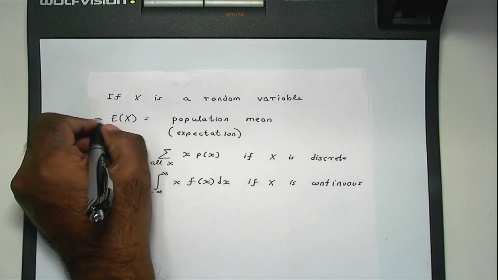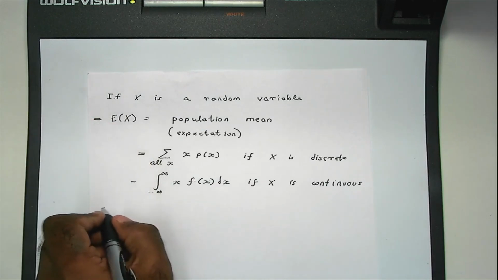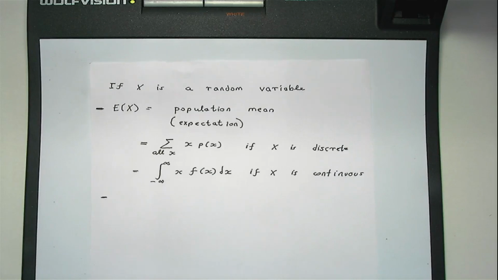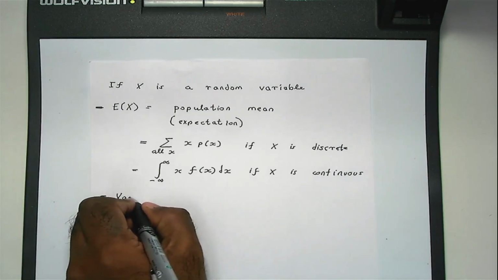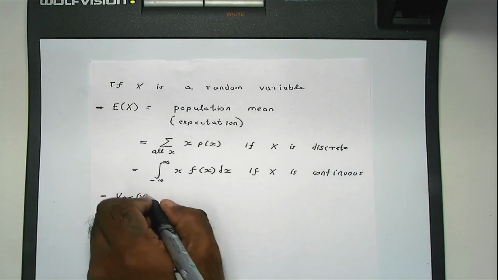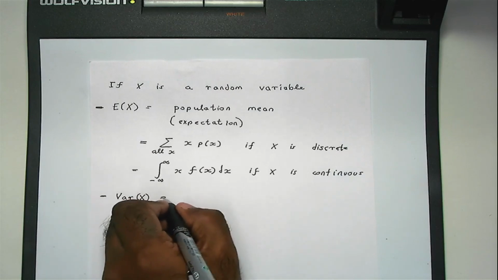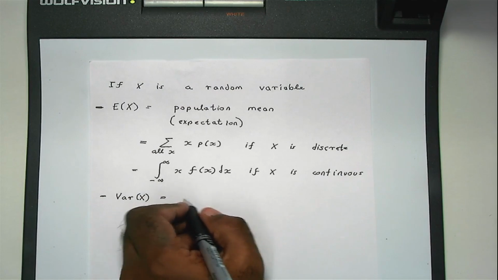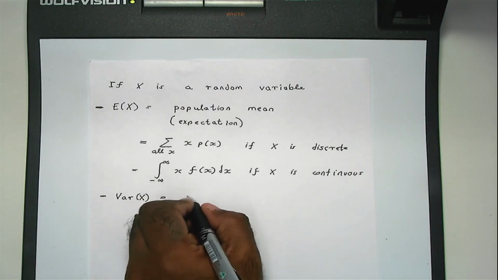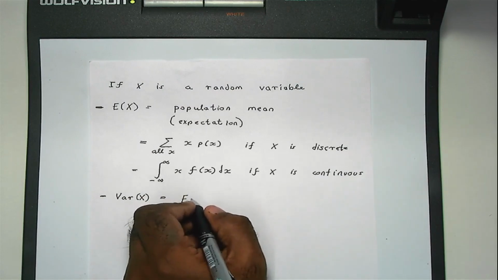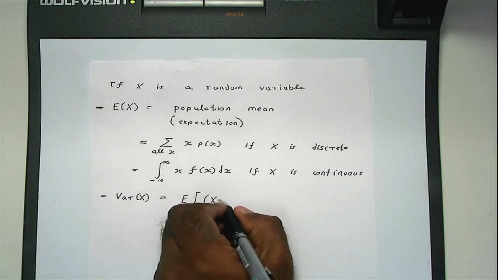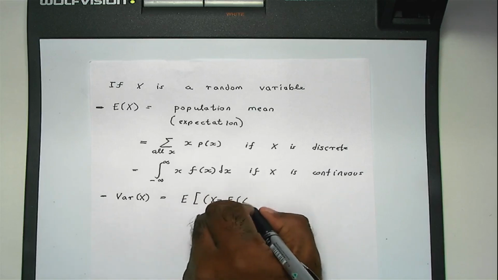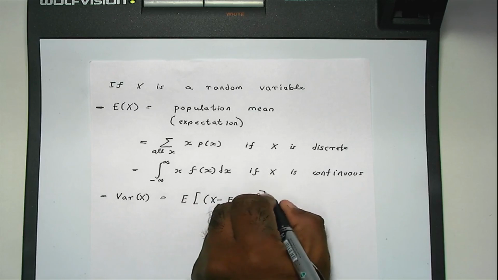The second thing I would like you to know is the variance. The variance of any discrete or continuous variable is defined as this, right? Okay, right?